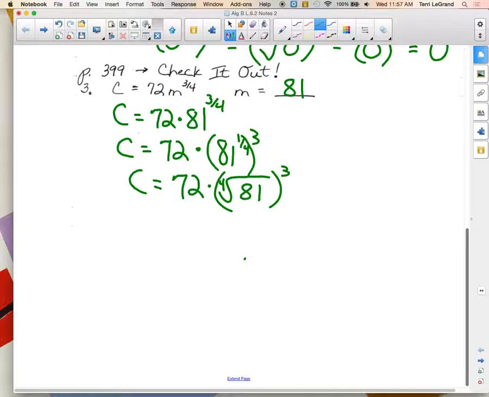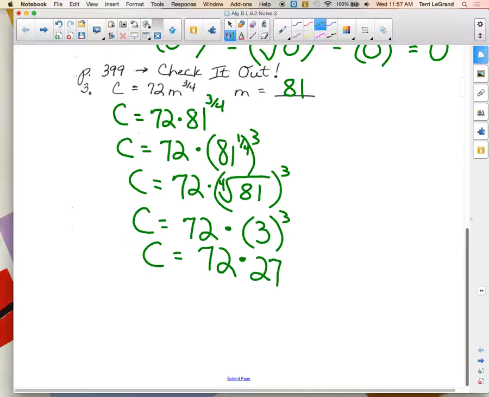Noah? 3. Okay, so 72 just keeps coming along. The 4th root of 81 is 3, and 3 to the 3rd power is 27. So now 72 is going to get multiplied times 27.